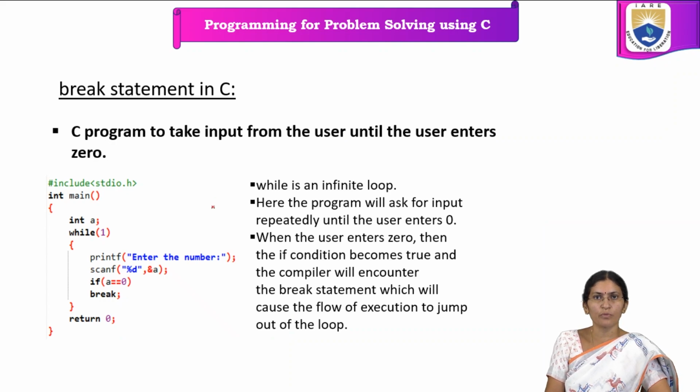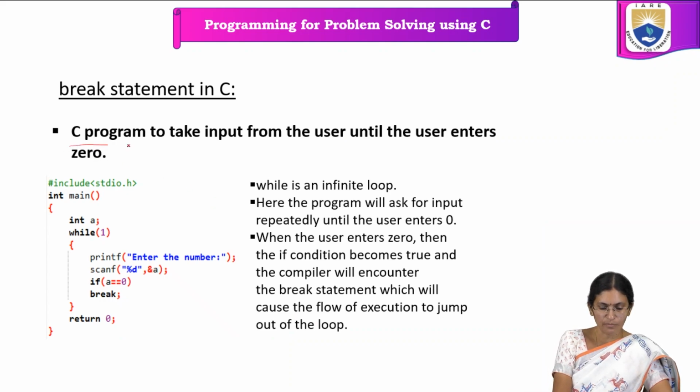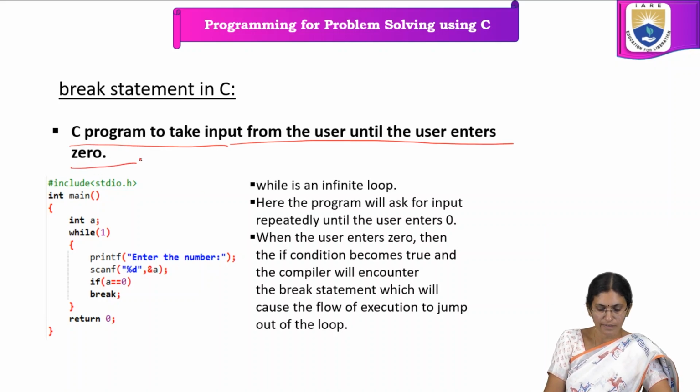Now let us see one C program to take input from the user until the user enters 0. The program is just to take input from the user, and we can interpret that the user has to give the input repeatedly, and if the user enters 0, then the loop has to terminate.